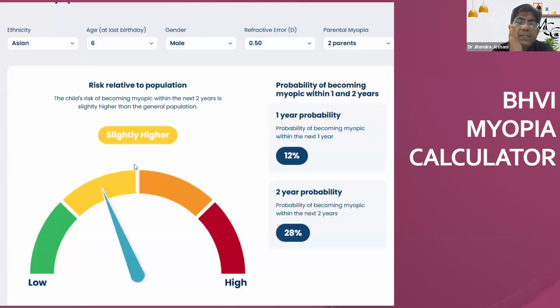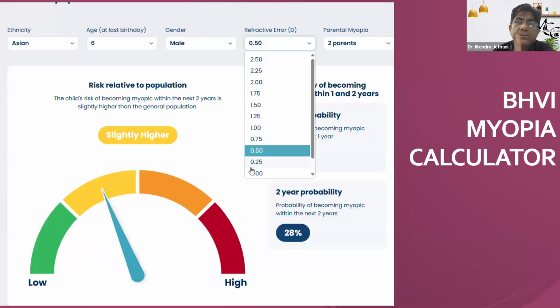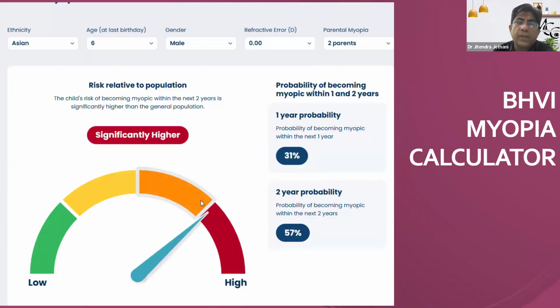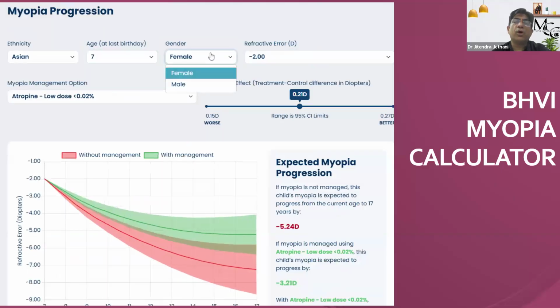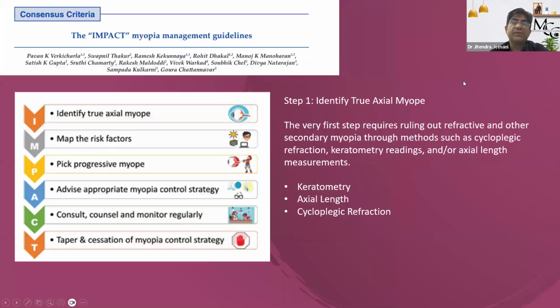Number one, what is the baseline refractive error? Number two, whether the parents are myopic or not. So we don't really have to go to that calculator to find this out, but these are the two important indicators. Even clinically, you can see the baseline refractive error and the parental myopia, and move further with that. This also makes sure that you will know whom to call when. So that is also very, very important.